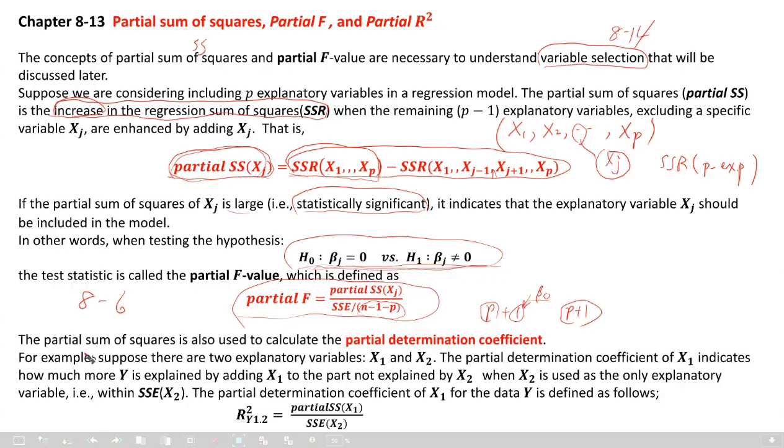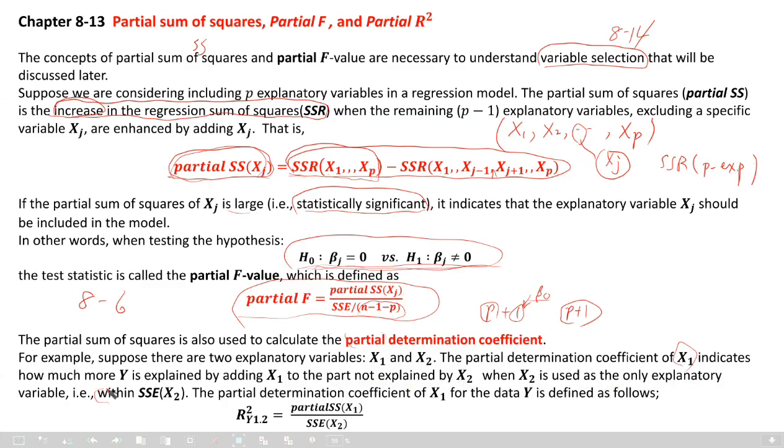Okay, the partial sum of squares is also used to calculate the partial determination coefficient. For example, suppose there are two explanatory variables, x1 and x2. The partial determination coefficient of x1 indicates how much more y is explained by adding x1 to the part not explained by x2 when x2 is used as the only explanatory variable.